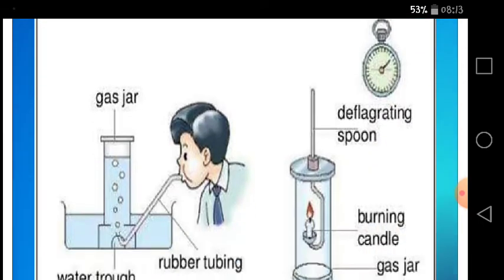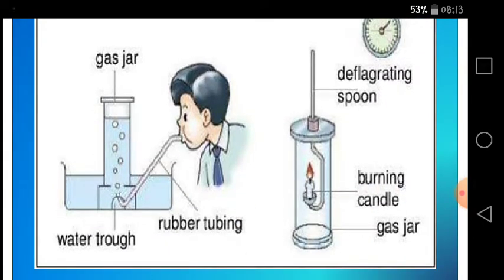This is how we have to fix the apparatus. Now you can see the deflagrating spoon, a stopwatch, a burning candle, a glass jar, rubber tubing, and water trough.